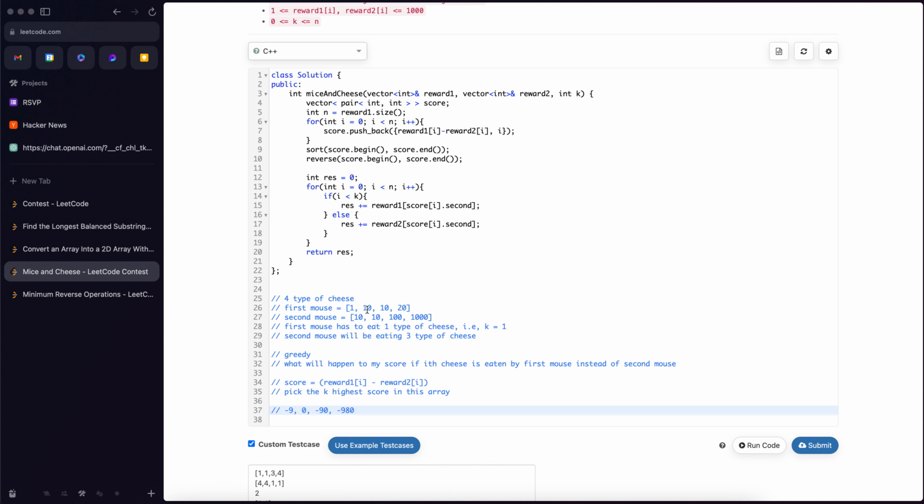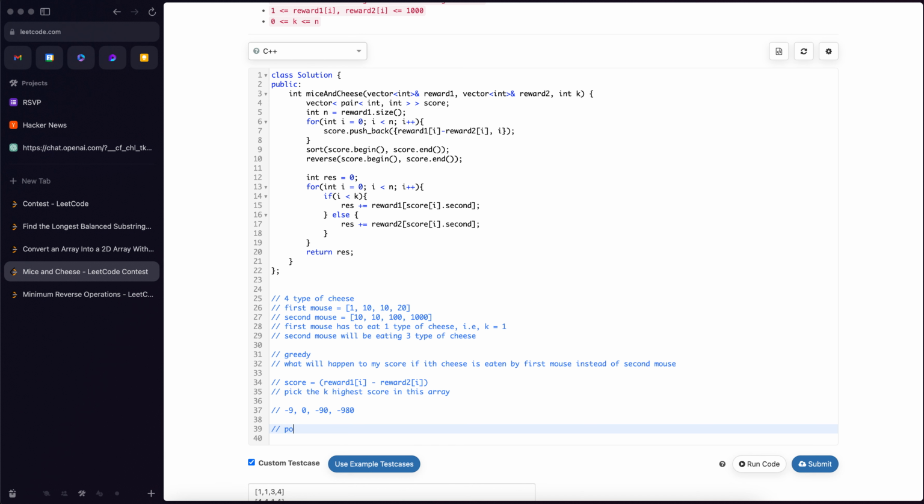So this says that you give the first mouse this type of cheese. The final answer, the total points, would be: the first mouse will eat the second type of cheese, so it will get 10 points from there, and all other types of cheese will be eaten by the second mouse. So it will get this 10, then 100 and then 1000.